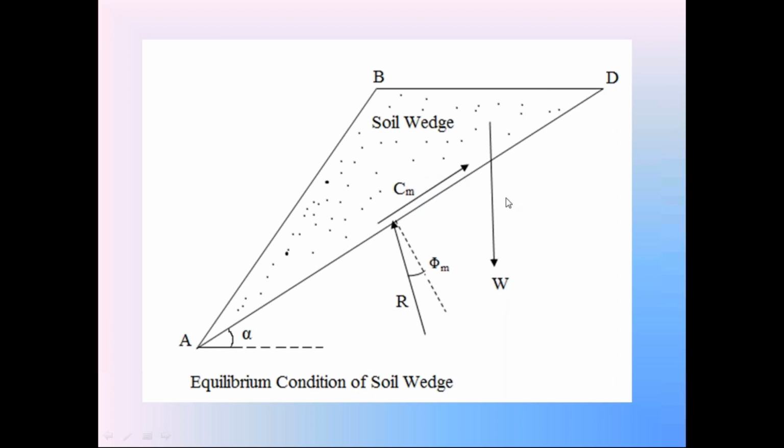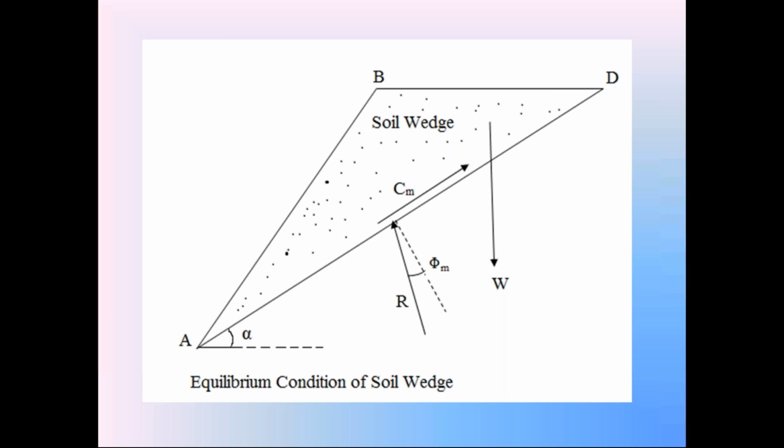Check that force triangle. Here you know the direction of the weight is vertically downwards, and we know the magnitude. Only the other two forces are unknown. Out of these two forces, Cm is known in direction. It is acting upward, parallel to surface AD, making the angle alpha with the horizontal. So you know the direction of the force Cm.